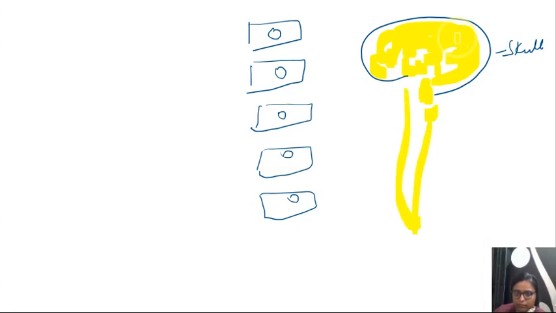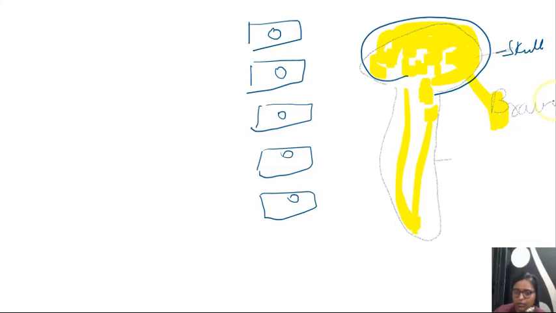The brain is a very delicate organ which is protected by a hard covering called the skull. Fine. Likewise, your spinal cord is also a very delicate organ and it is protected by what?